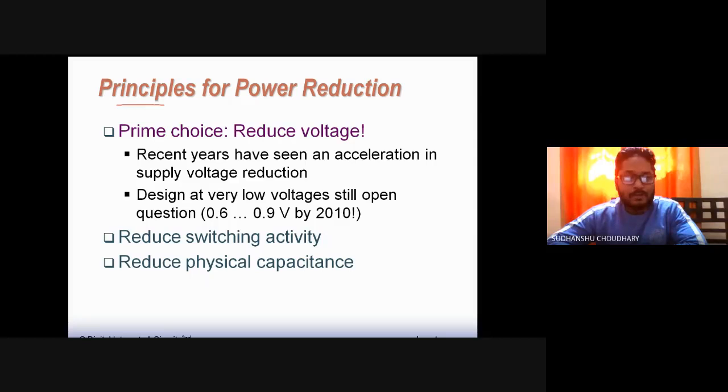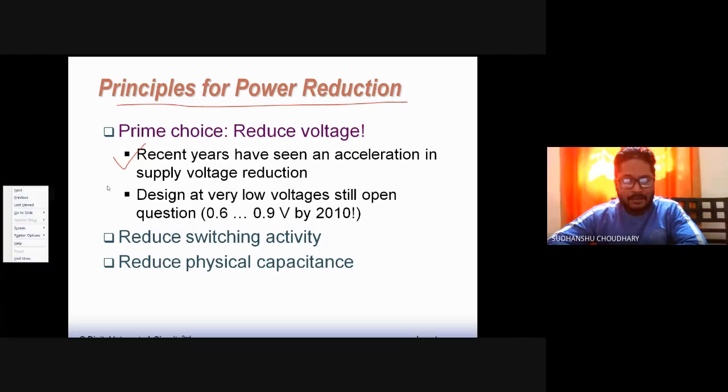Now let's look at the rules of power reduction. So what can be the design rules, or what can be the principles that can be utilized for reducing the power? So the first principle could be that you keep your supply voltage small. Though we also understand that if the supply voltage goes below a certain level, the circuit becomes slow. Right.